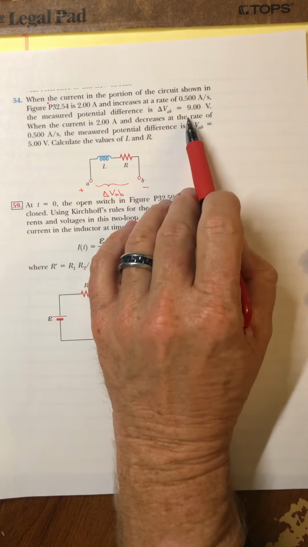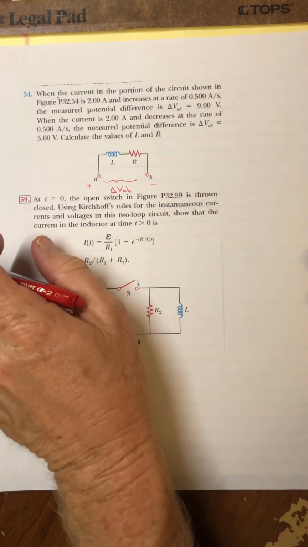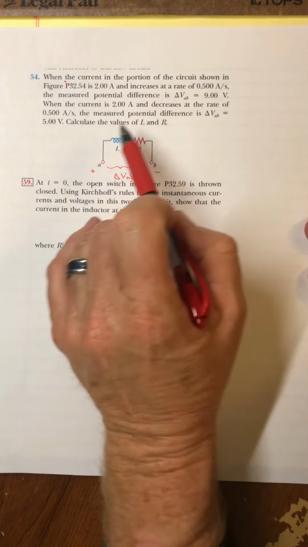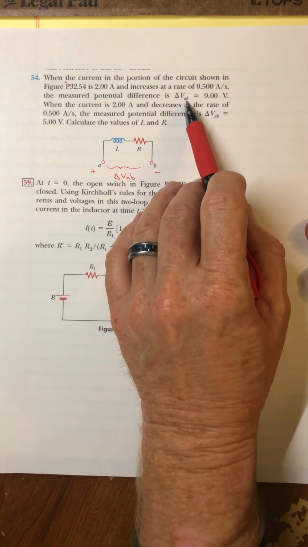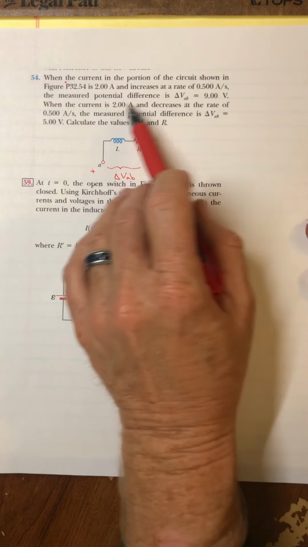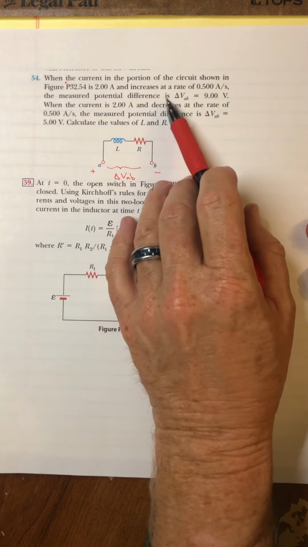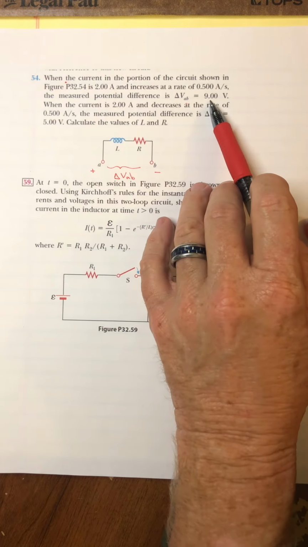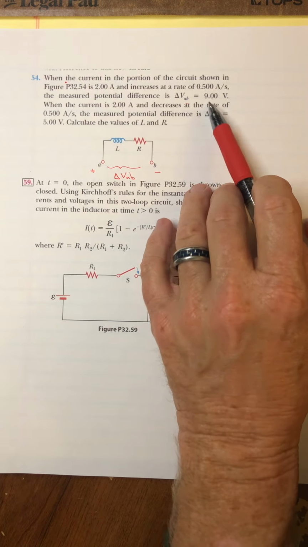I think so. Let me keep that in the back of my head here and keep going along here. But it kind of depends on their definition of this subscript AB. The measured potential difference, that is, between A and B, and actually maybe if we are just consistent with our own definition, we'll be okay, is 9 volts.